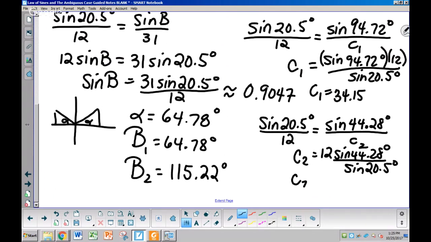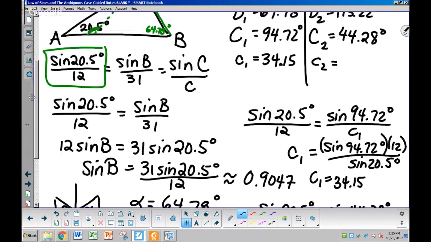And what do we get for little C2? 23.92. Okay? So that's all there is to a big ass problem.